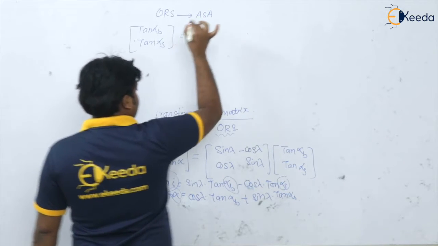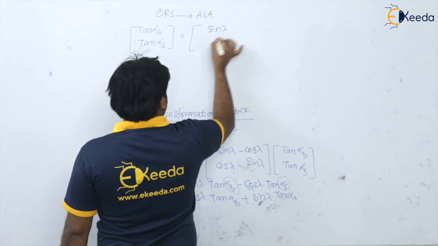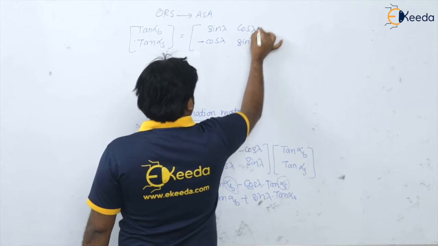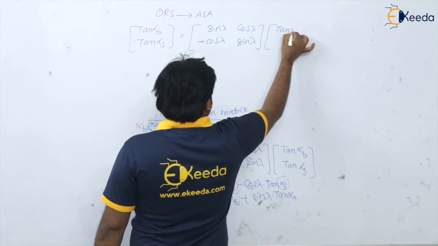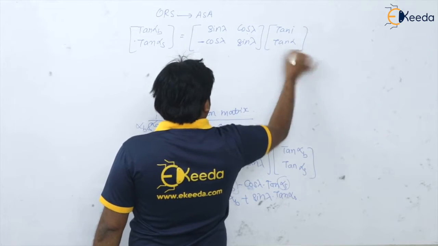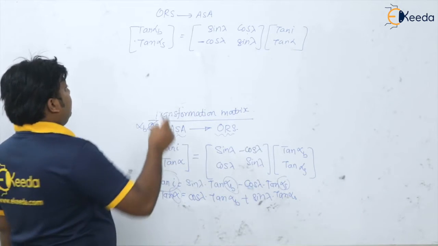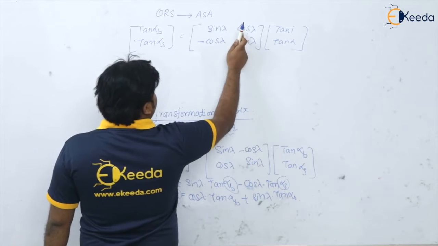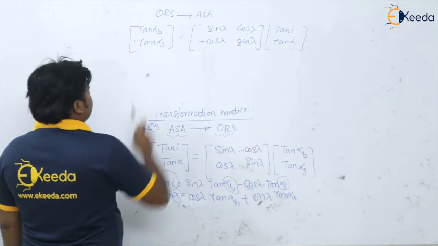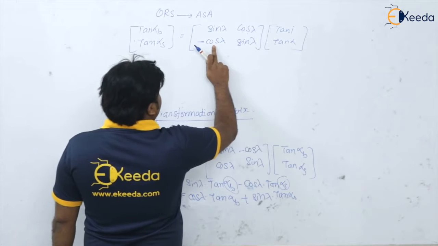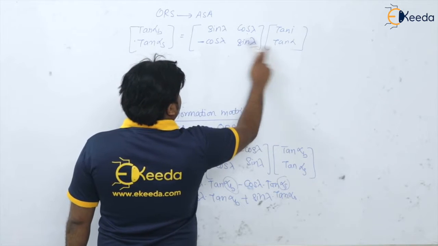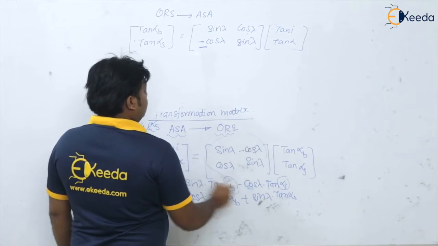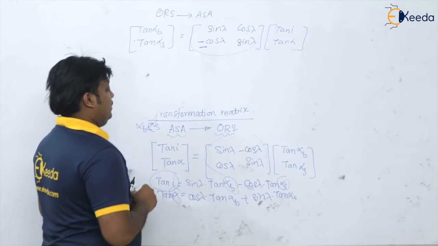It is equal to sin lambda, minus cos lambda, cos lambda, sin lambda, into tan I and tan alpha. So tan alpha b will be sin lambda tan I plus cos lambda tan alpha. Tan alpha s will be minus cos lambda into tan I plus sin lambda into tan alpha. You can solve this matrix. These are the transformation matrices.